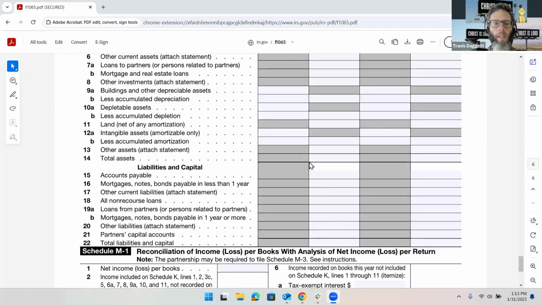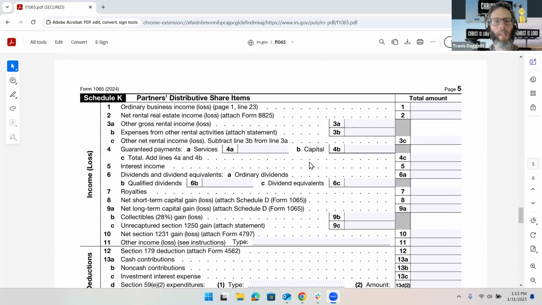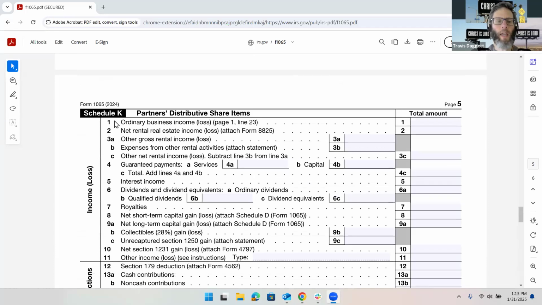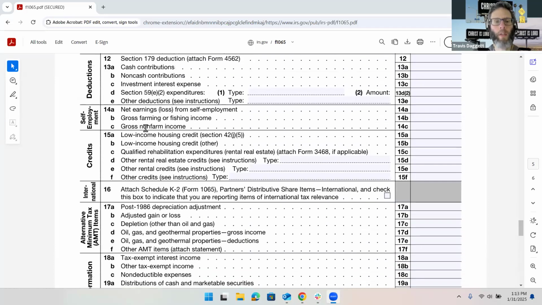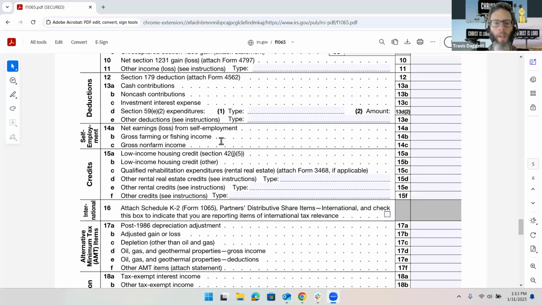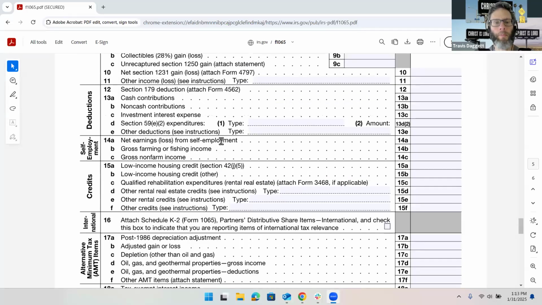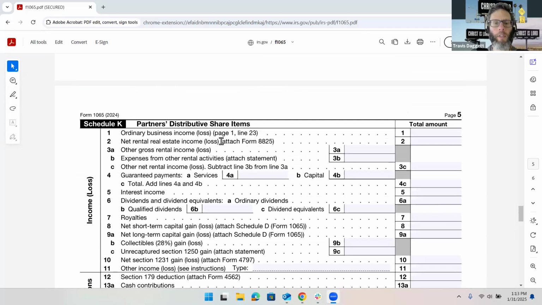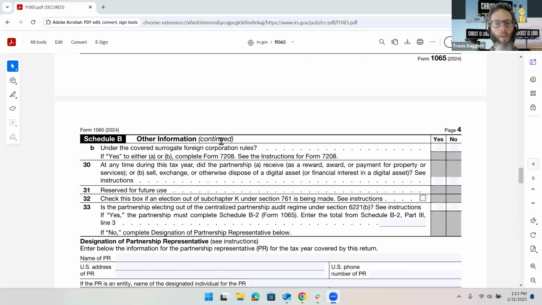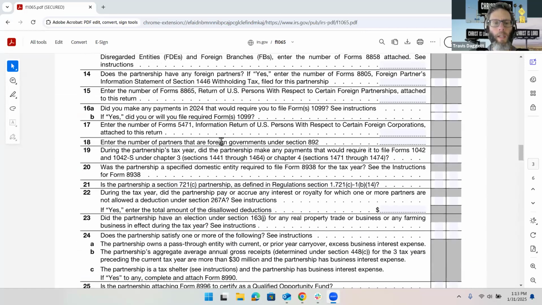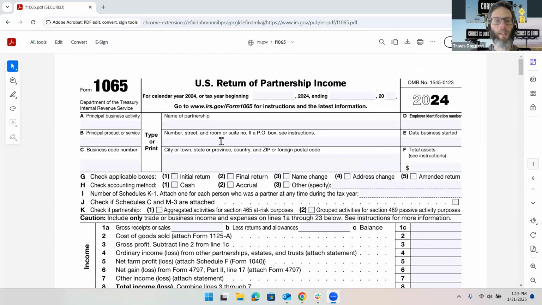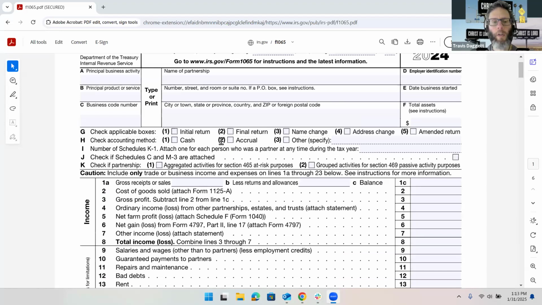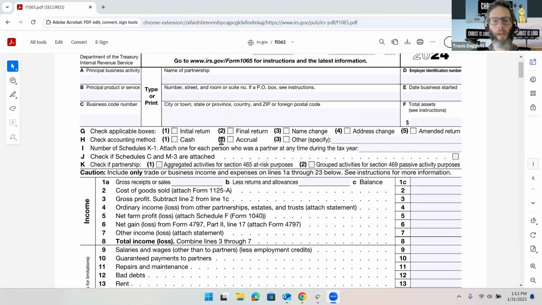And then you have the Schedule Ks and the subsequent K1s that go along with that. We can talk about that separately. Mainly wanted to talk about the difference between a partnership here and the Schedule C as part of the 1040 for a sole proprietorship.